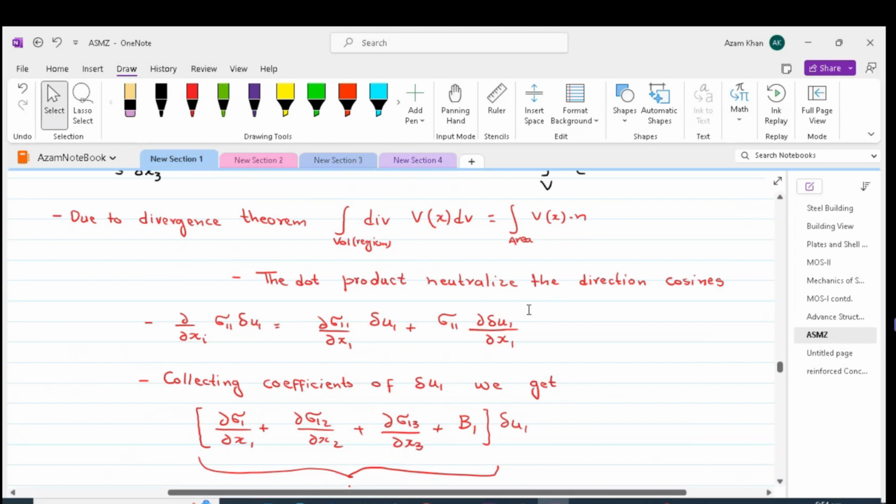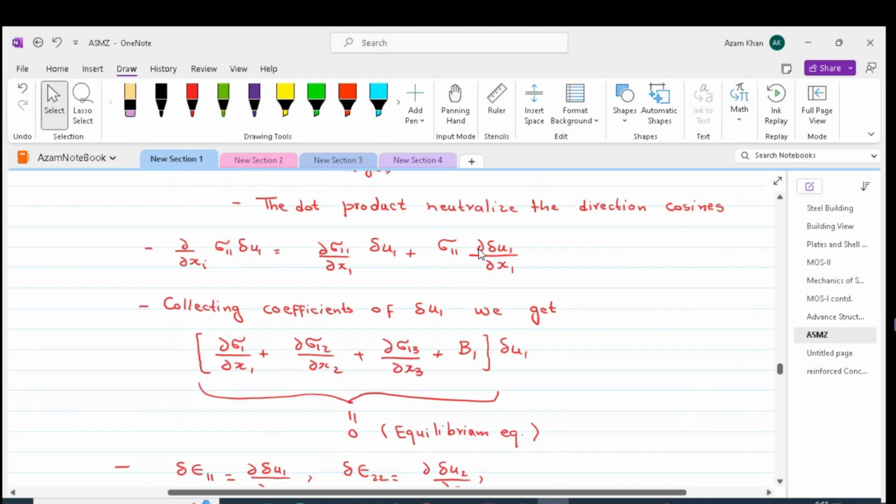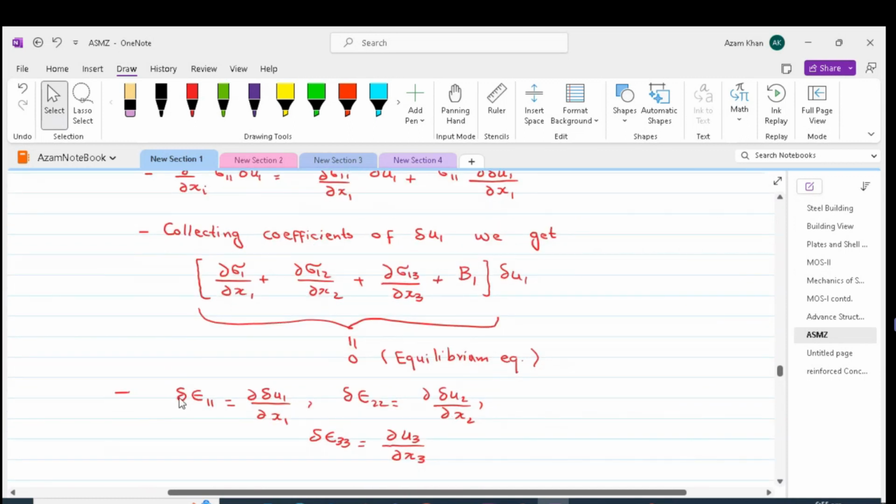Only the terms which take the partial derivative of the displacement component with respect to the space will be included. Now, the change of displacement component with respect to an axis of the space is actually the definition of axial strain.